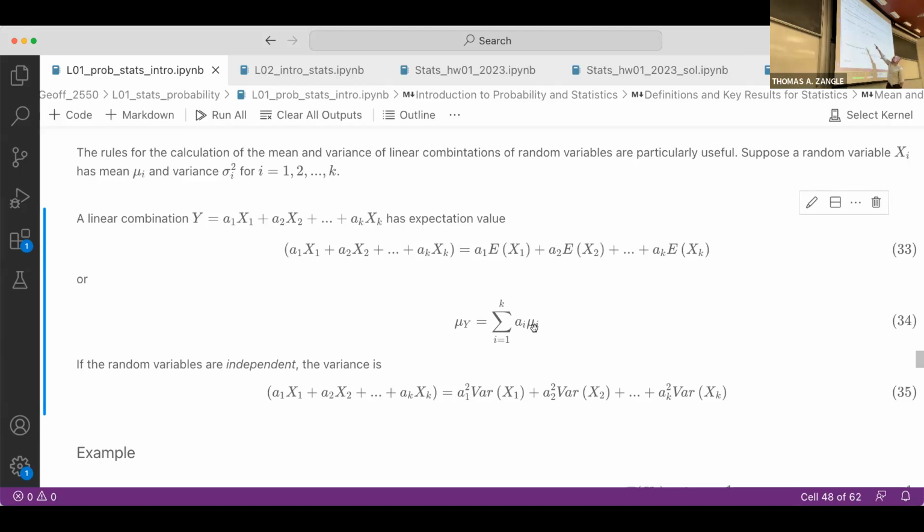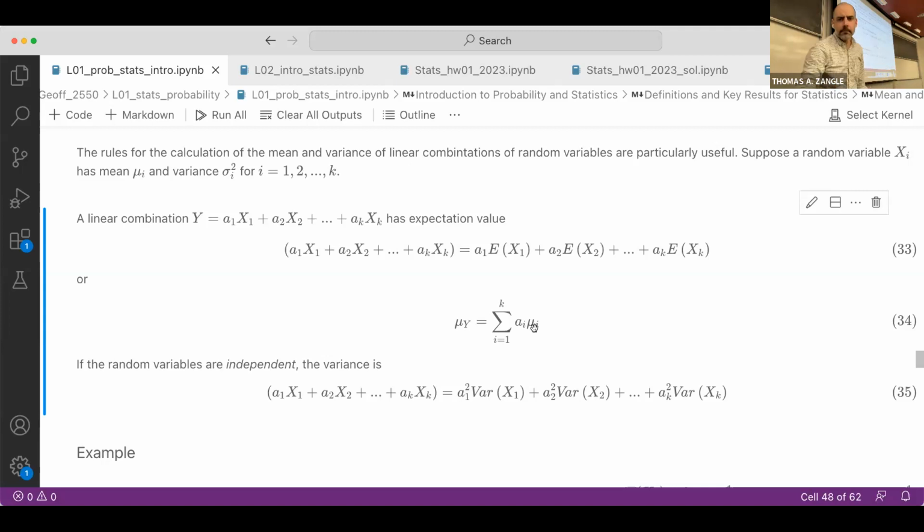This tells us that we can find an individual value of that linear combination as a sum of AI xi, and that we can find the mean of the linear combination of those random variables as the sum of AI times the mean of the individual variables. That makes sense?